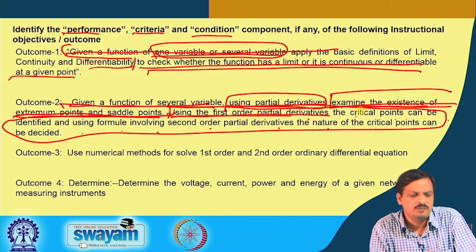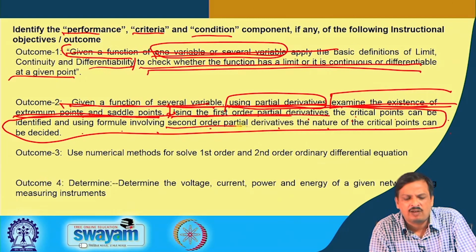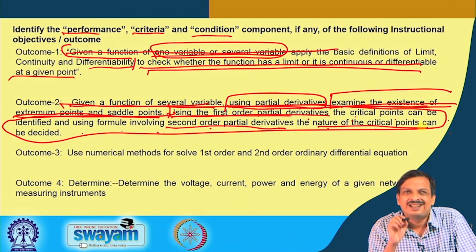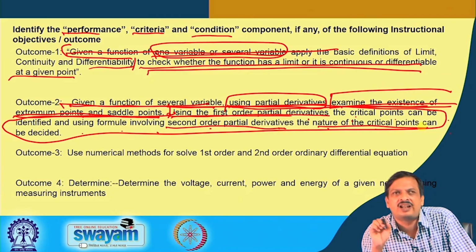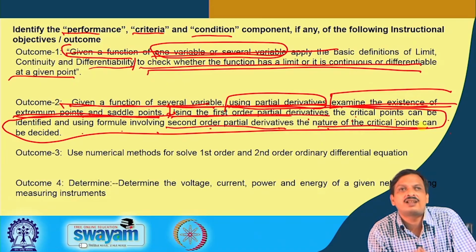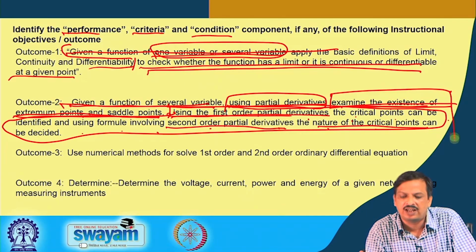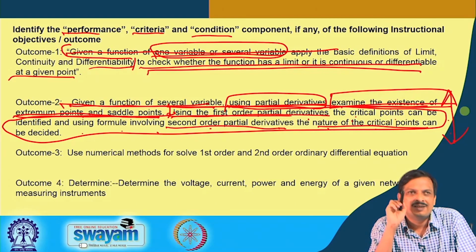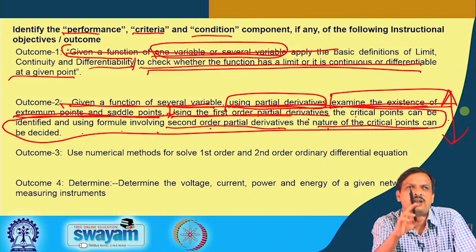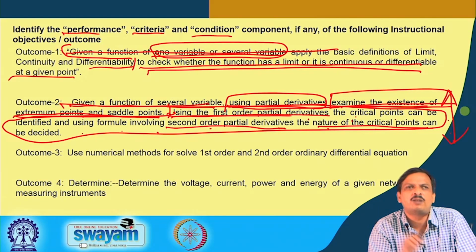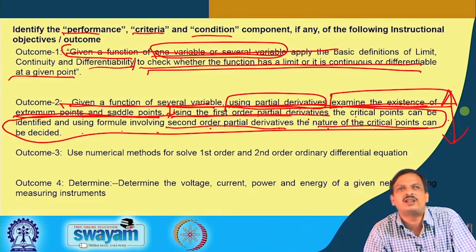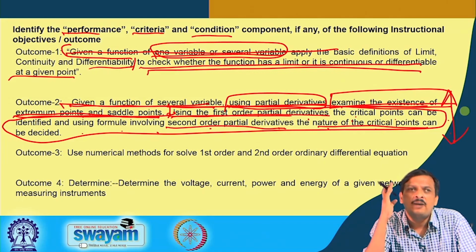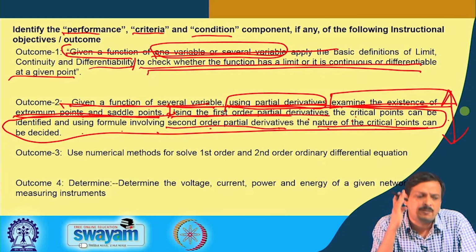Next skill what I want: using the second order derivative, the nature of the critical point. So I can say: determine the nature of the critical point based on the second order derivative. So if I want to rewrite this outcome, the first one is okay, the second one is: using the first order derivative identify the critical point, using the second order partial derivative determine the nature of the critical point. Finished. Only you have to state the complexity of the function.